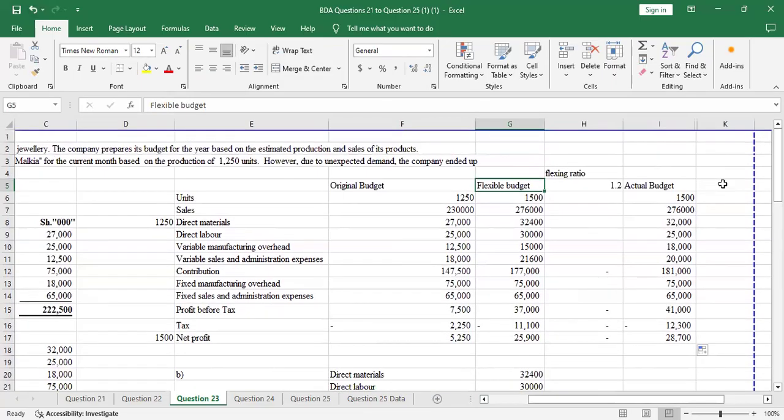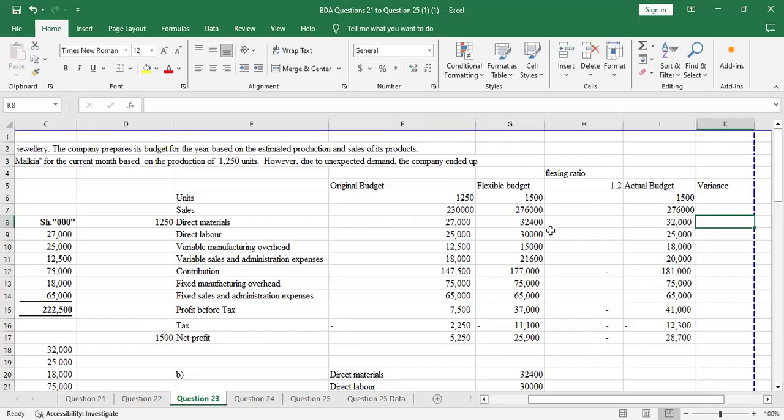So I'll create a column here for variance, and for this variance, we are going to use the logical function. Let me start with the direct material. When you check the flexible budget, we budgeted for a material of 32,400, but we ended up spending 32,000.